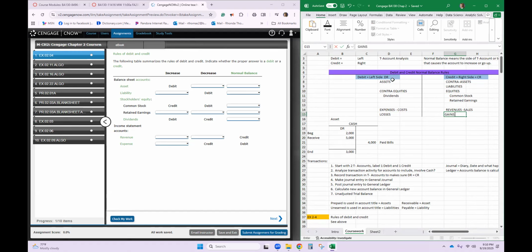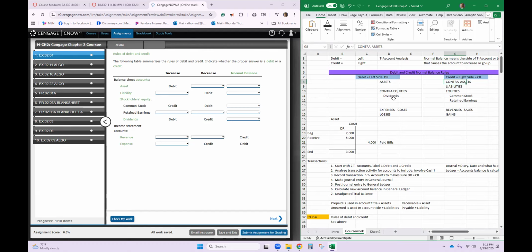There's an asset that has to exist before this account will exist. So they go hand in hand. We'll see that maybe a little bit in chapter 3. So liabilities, equities, common stock, retained earnings, those two fall under equities. They have a credit right side balance, revenues, sales, gains.